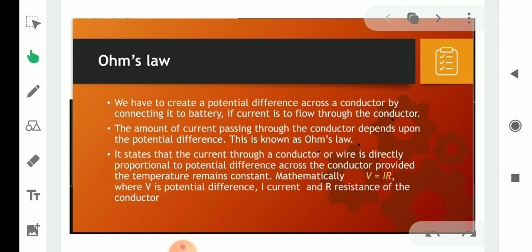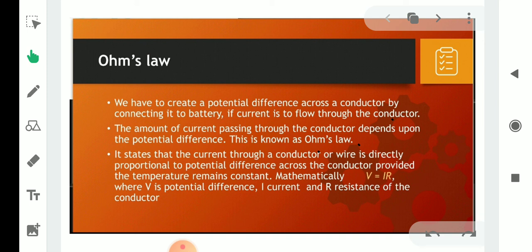This relation is given in the form of a law. In 1826, a German scientist, George Simon Ohm, by his experiment, found a relationship between the potential difference and current in a conductor.